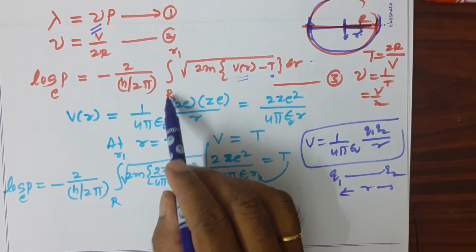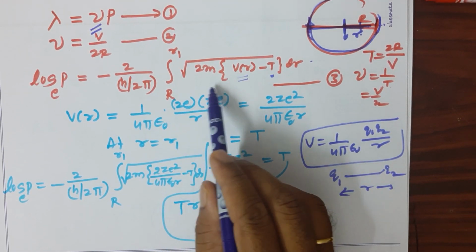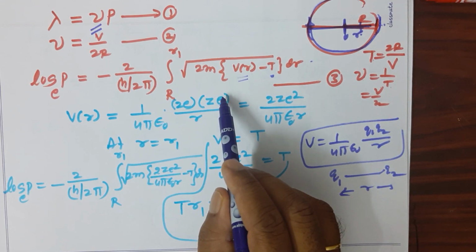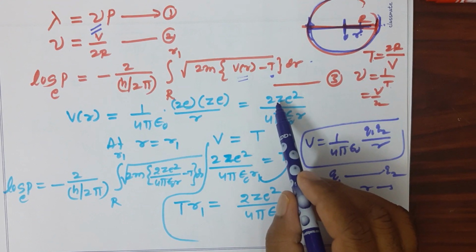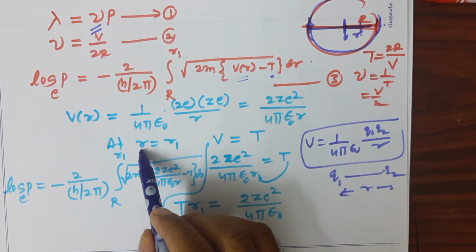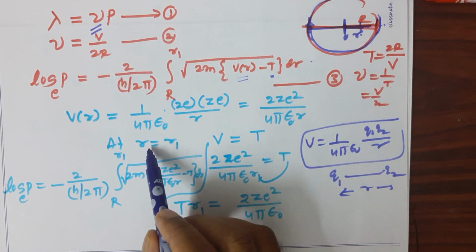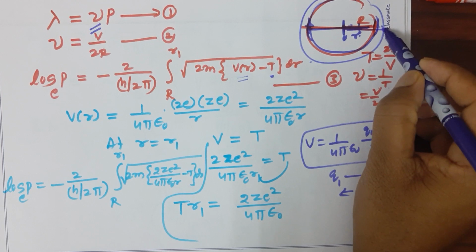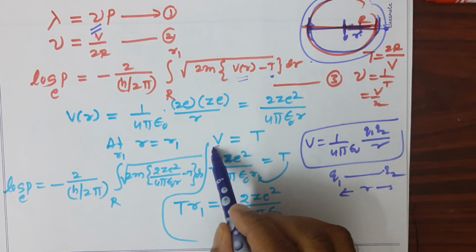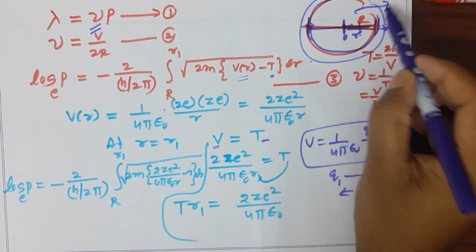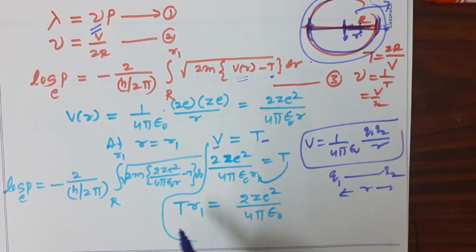Here 2e is the charge of the alpha particle and Ze is the charge on the daughter nucleus, so we get 2Ze square by 4 pi epsilon naught r. But at r equal to r1, that is at the boundary of the nucleus, the potential energy must be equal to the kinetic energy, then only the particle can penetrate through this potential barrier.